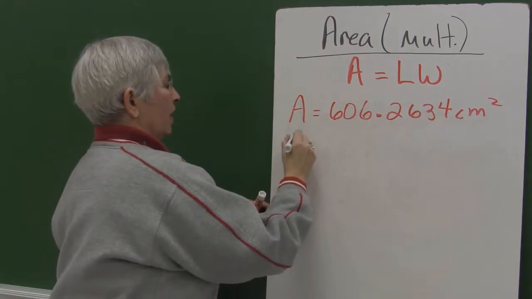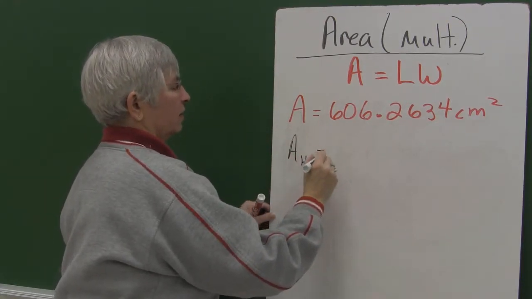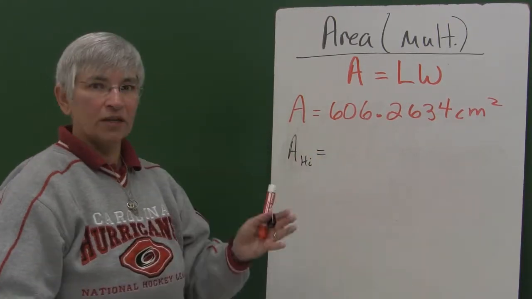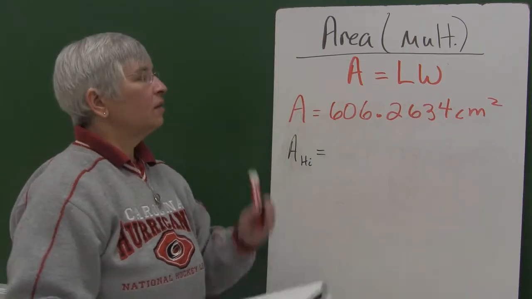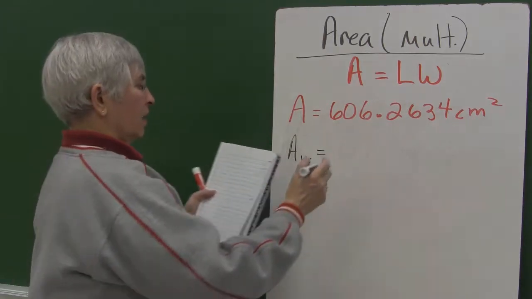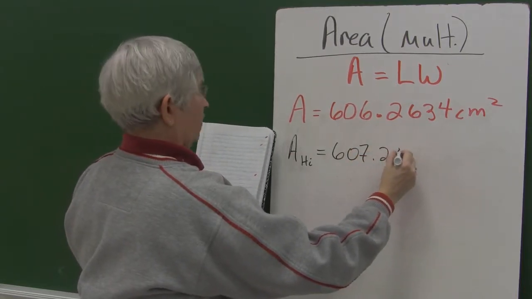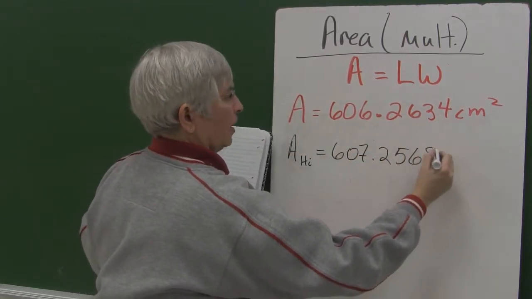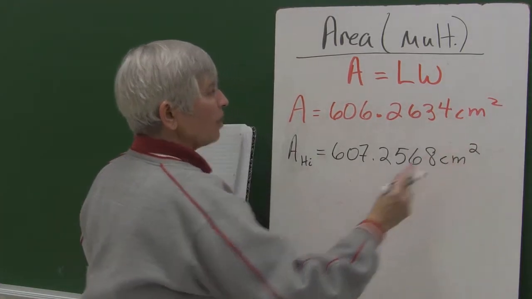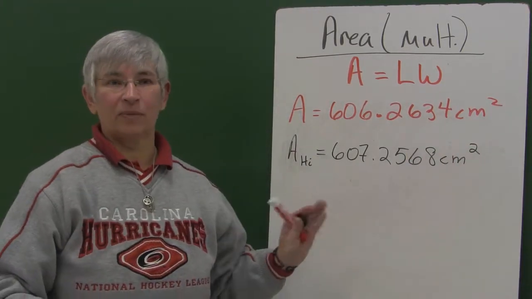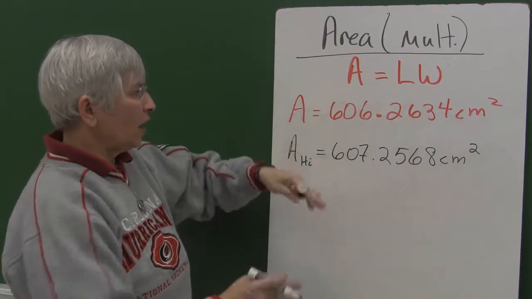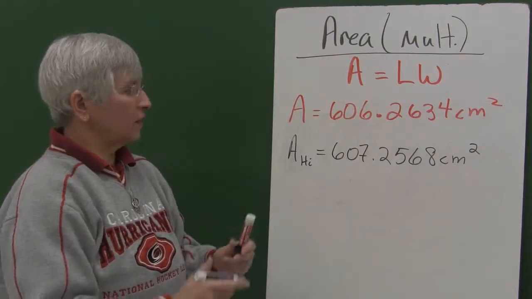And so I'm going to call that area high. And so multiplying out my largest value for the length and my largest value for the width, I ended up with 607.2568 centimeters squared. And I'm writing all the decimal places my calculator spit out, because I don't know how much this is going to deviate from this one.